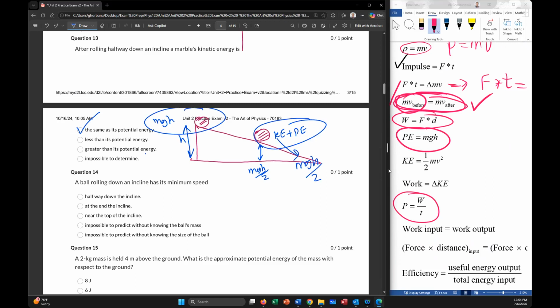Because when we add these two, it's going to be the total energy, the energy on the top. So energy is conserved. Energy on the top is the potential energy. Energy in the middle is the kinetic energy plus potential energy. Because it's halfway down, the potential energy is half. The other half will go to the kinetic energy. That's why kinetic energy and potential energy are the same.